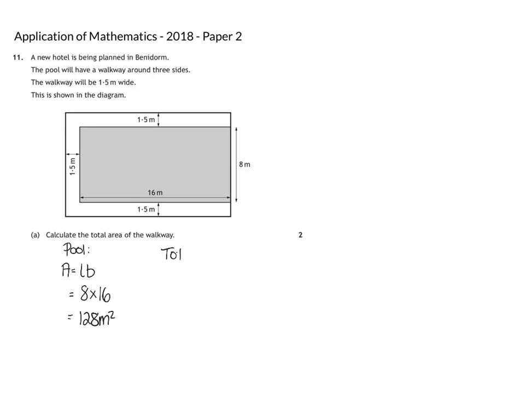So the total bit is still area is length times breadth because it's still a rectangle. If we think about the length, we've got our 1.5 and our 16, so it's going to be 17.5 times by, if we look at our breadth, we've got our 1.5, our 8 and our 1.5. So the two 1.5s come to 3, and we've got our 8 as well, so it's timesing by 11.